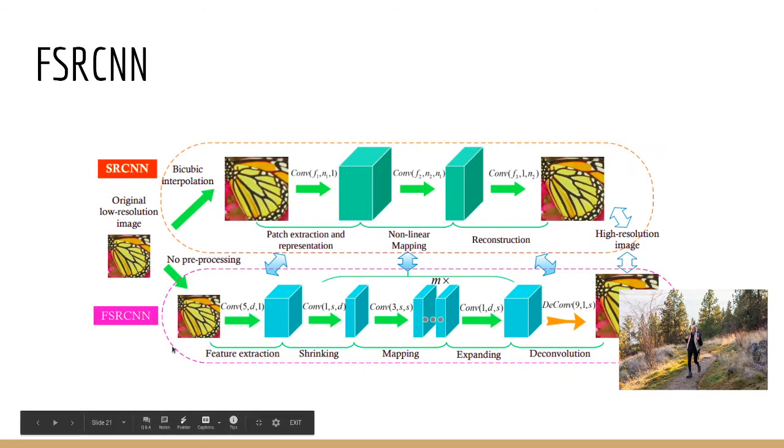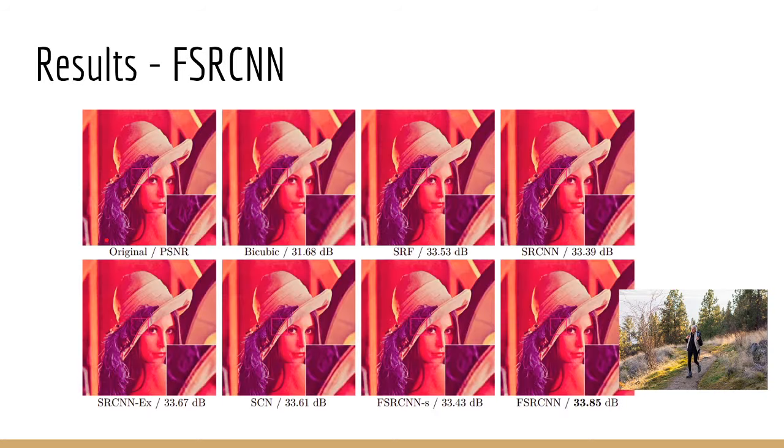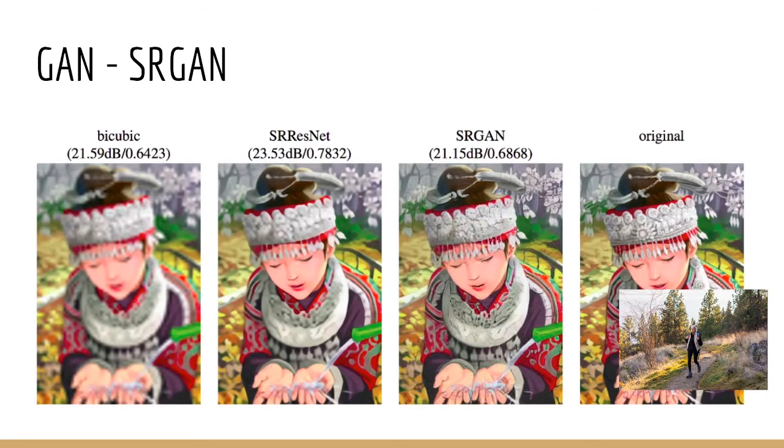In SRCNN and FSRCNN, you can directly compare the original high resolution image and the output high resolution image, and the mean difference between them is considered to be the loss. In the case of GANs, you cannot directly apply that approach. With GANs you would have to do more of a zero sum game.